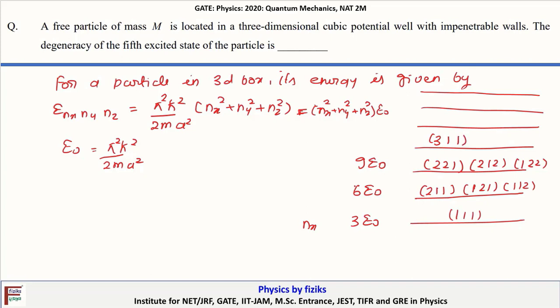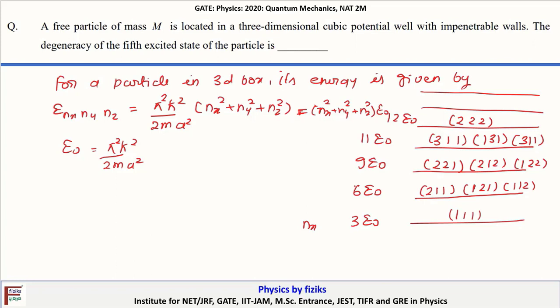In this state energy would be 11 E0. That would be the third excited state, and degeneracy of this state would again be 3. Now the fourth excited state would be 2, 2, 2. That means energy will be 12 E0. Degeneracy of this state would be 1.